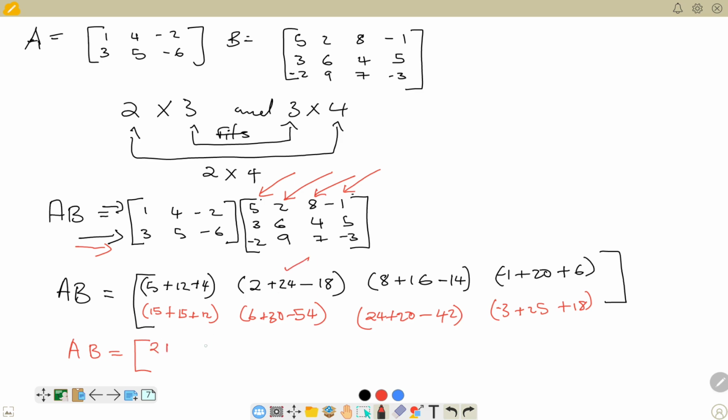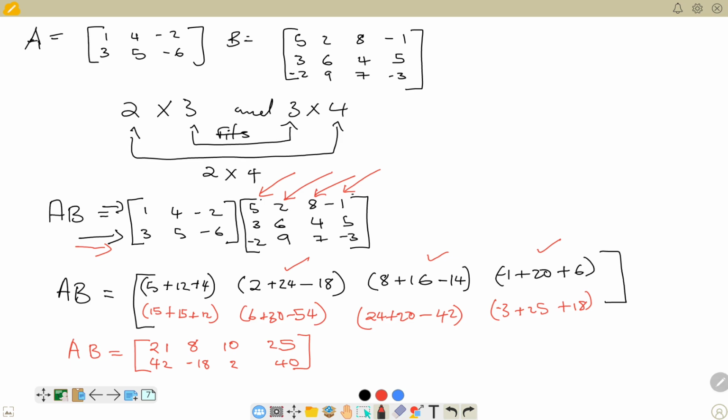Then when we add this, we'll get 8. When we add that, we get 10, we add this, we get 25. Then similarly, on the second row, negative 18, 2, and 40. Let me confirm. Negative 3 plus 25 plus 18 is 40. You can also go ahead and check.